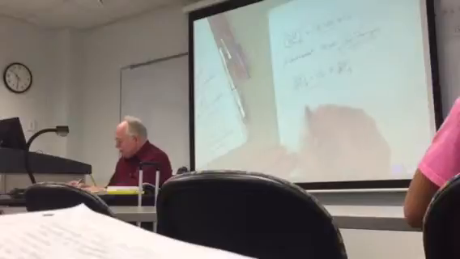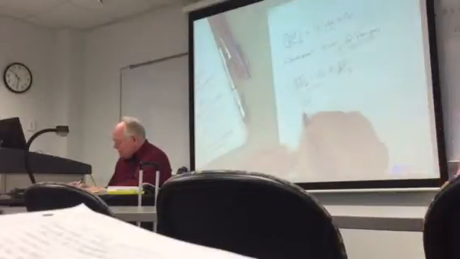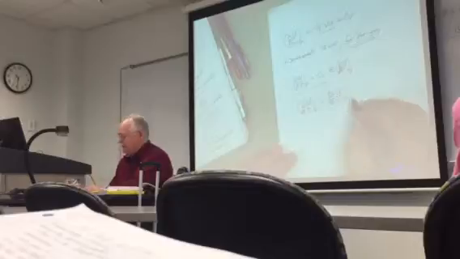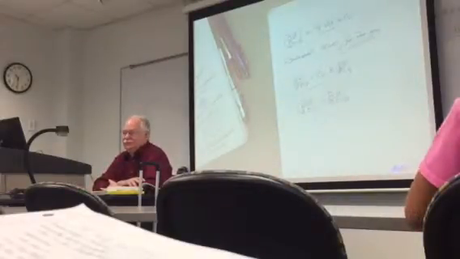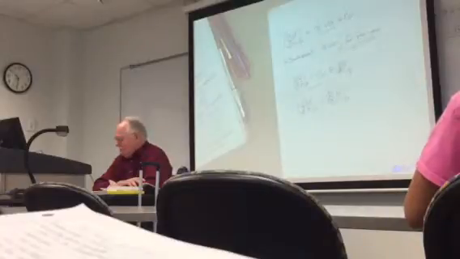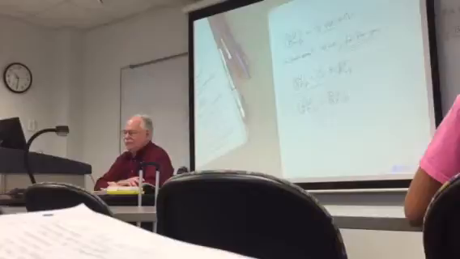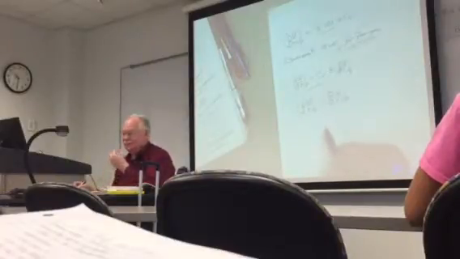So what we've just shown is that partial u with respect to T at constant volume is, for a perfect gas, equal to partial U with respect to T at constant pressure. That's a little surprising. We take the derivative, it doesn't matter which we hold constant.